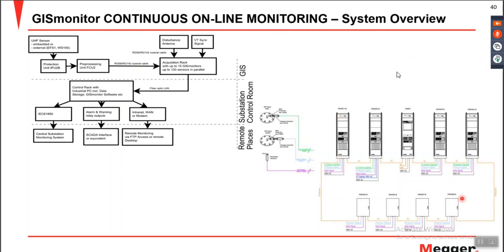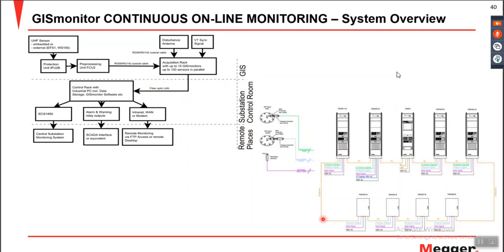And the number of acquisition racks depends on how big the GIS is. If your GIS is too big, or you have a larger number of UHF sensors, the number of acquisition racks will depend on the size of the GIS. All this cable connection is routed through acquisition racks, and from the acquisition racks only one fiber optic connection is connected to a main controlling rack, and this controlling rack can be situated in the substation control room.